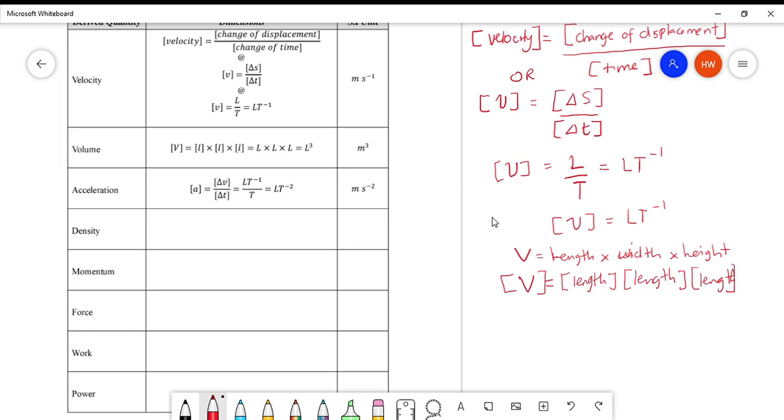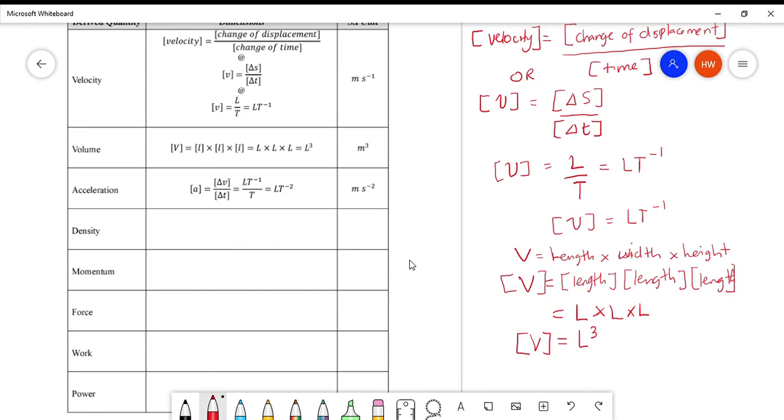So the answer would be L times L times L, so it will be L cubed. There you go, we got the answer: the dimension of V is L cubed.